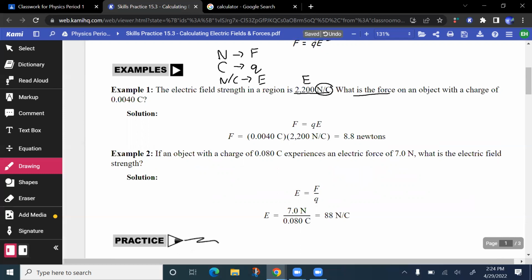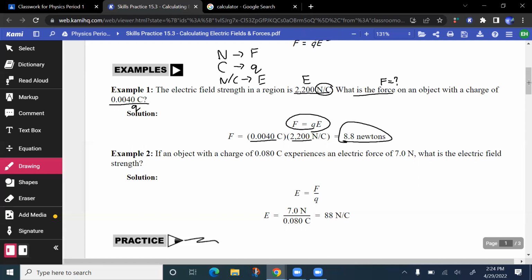It says, what is the force? So F would be the question mark, with a charge of 0.004 coulombs. That would be my charge Q. You can see by plugging into this equation, 0.004 times 2,200, we get 8.8 newtons. I'm not so concerned with the calculation just yet, rather with the annotation of the information to begin with.